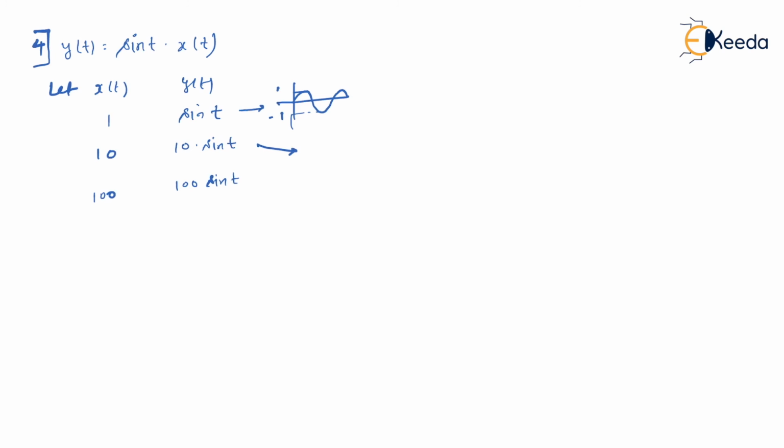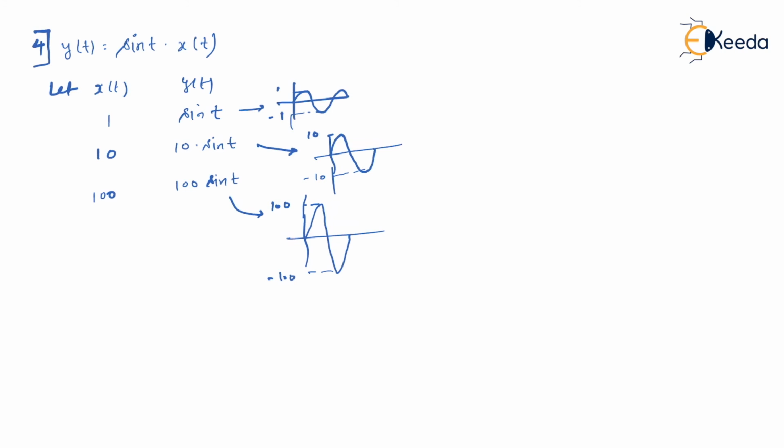When I say 10 sine t, it will be a sine signal only, but now having higher amplitude, between +10 and -10. Or when I'm talking about 100 sine t, of course amplitude will increase this time, but it will be in between -100 to +100.